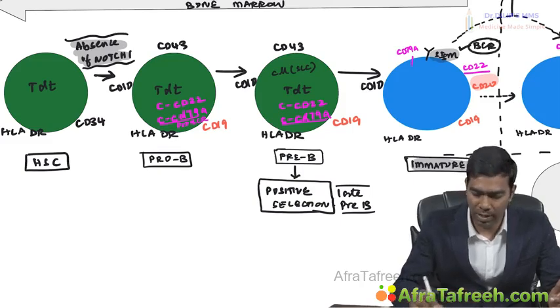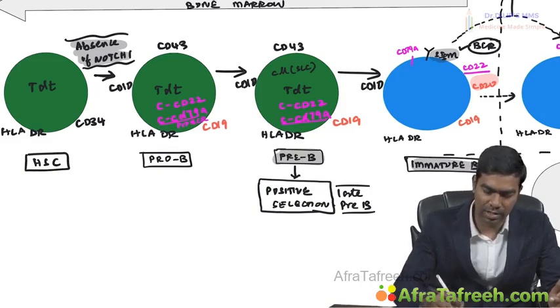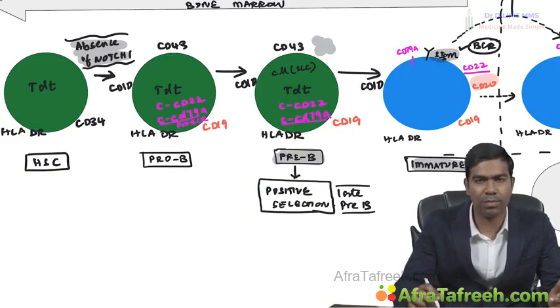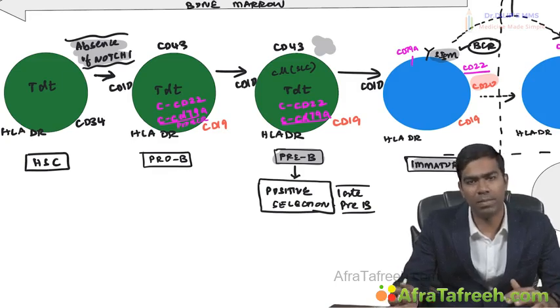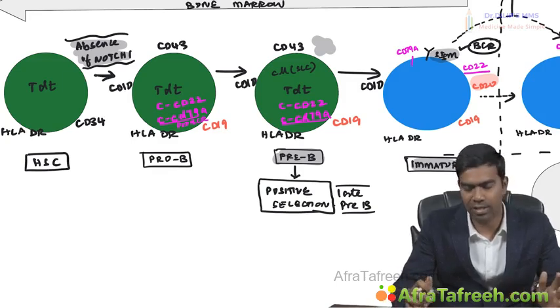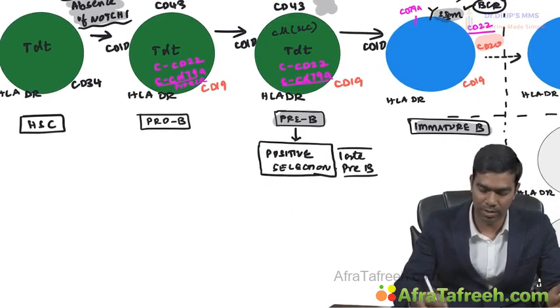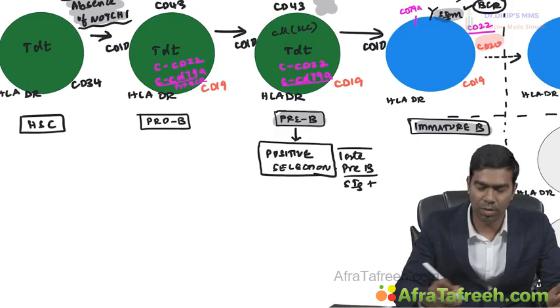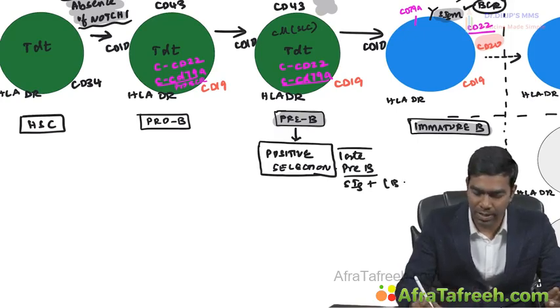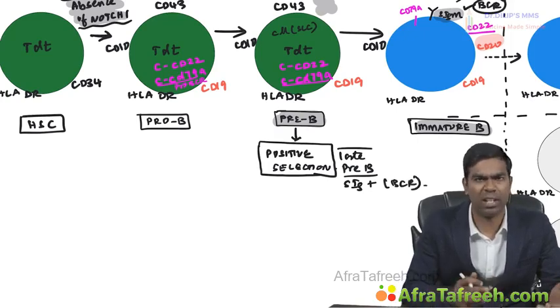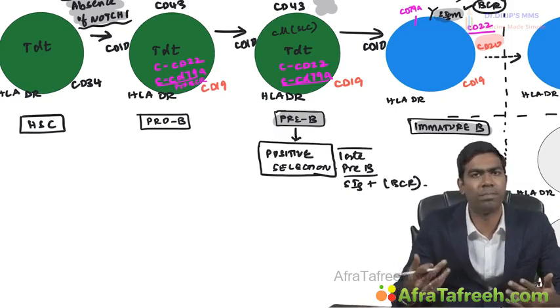I told you that typically in the pre B cell stage you don't express the surface immunoglobulin, but in the late pre B cell stage there are certain chances that the surface immunoglobulin will be expressed. So surface immunoglobulin may be positive in the late pre B cell stage, which is called a B cell receptor. In the B cell, the immunoglobulin on the surface is what we call the B cell receptor.